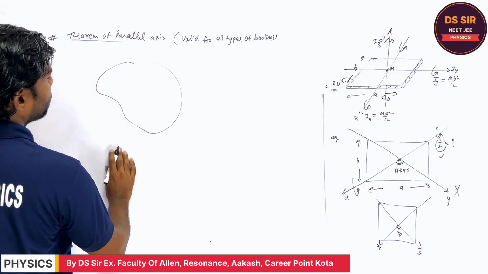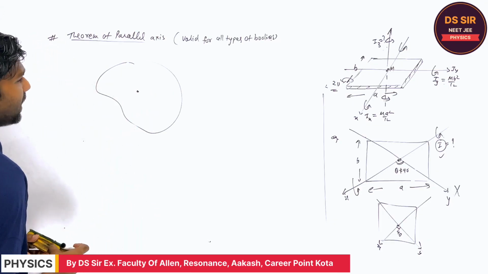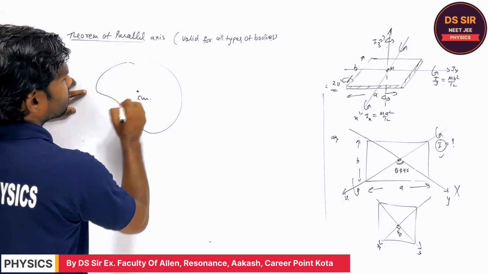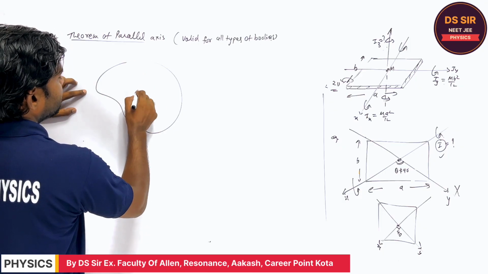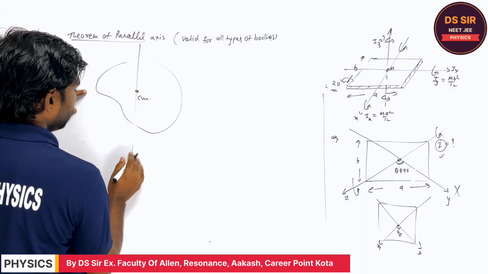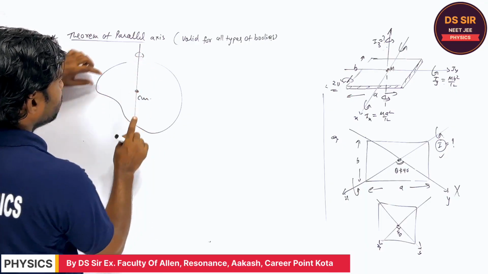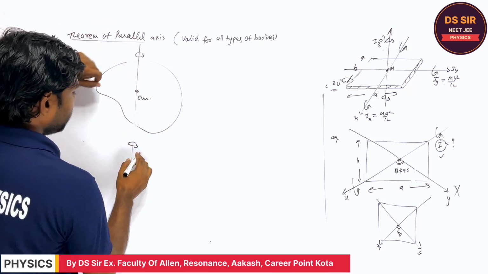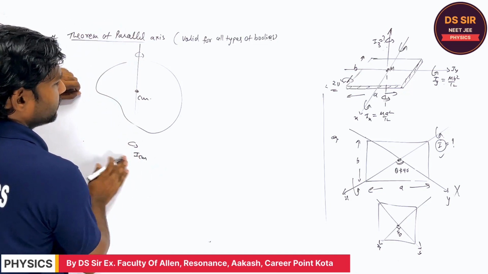What is the parallel axis theorem? Suppose this is the body and this is the center of mass of the whole body, with an axis passing through the center of mass. If you rotate about this axis, the moment of inertia is ICM.